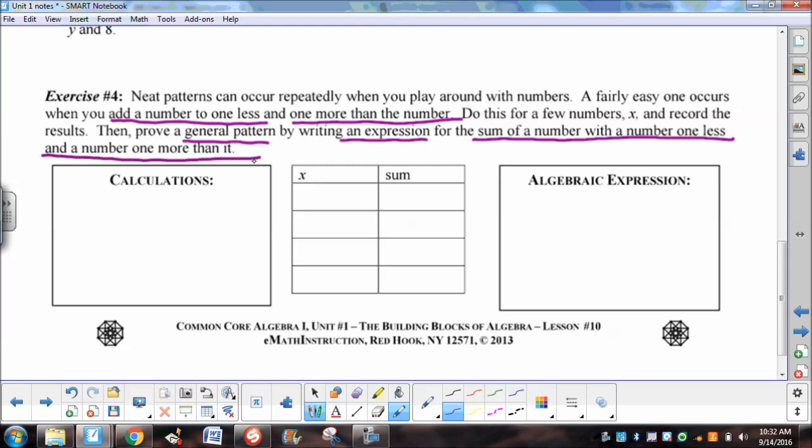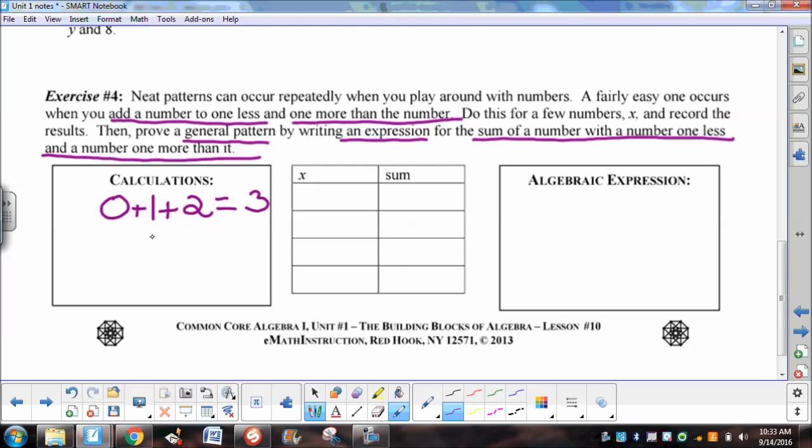So right there that looks like a lot, but watch what we're going to do. I'm going to pick one of my favorite numbers, super easy to work with. We're going to start with 1. When you add a number to 1 less and 1 more than the number, what's one number 1 less than 1? It's 0. And what's a number 1 more than 1? It's 2. So if we add those together, that's 3.